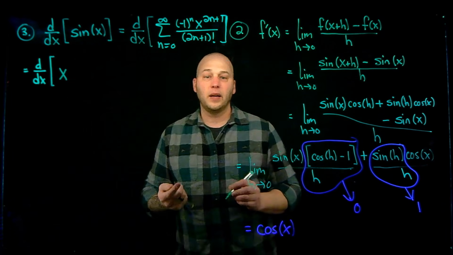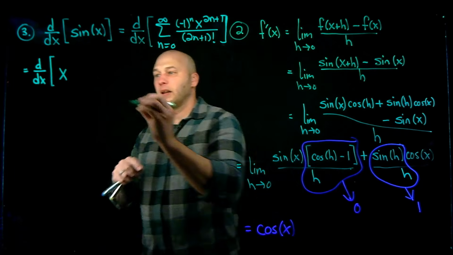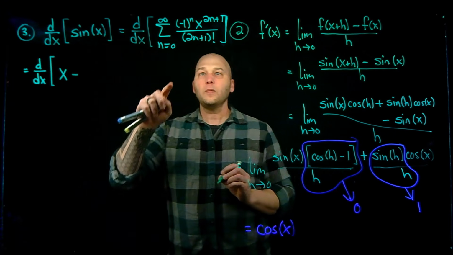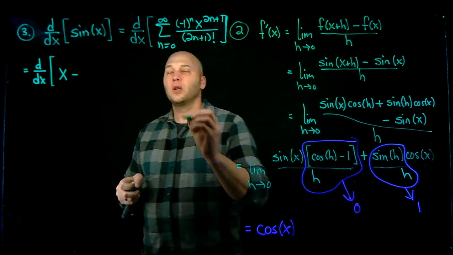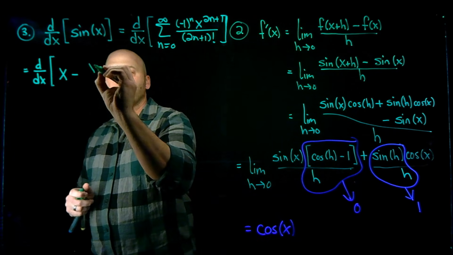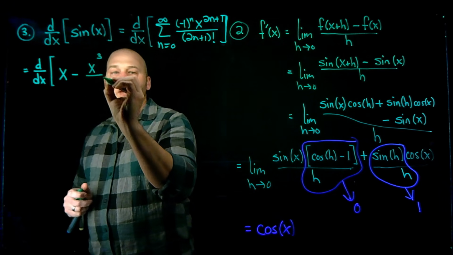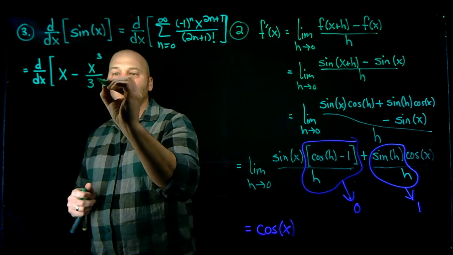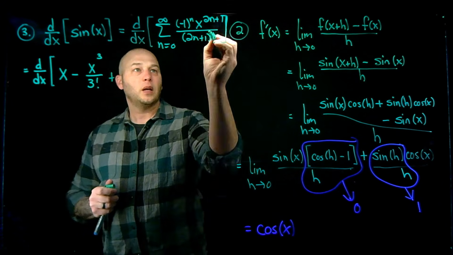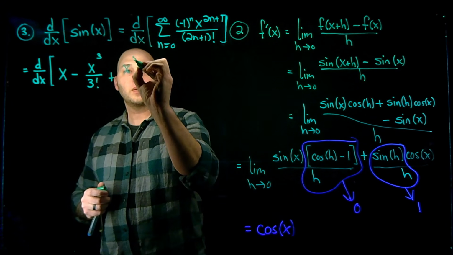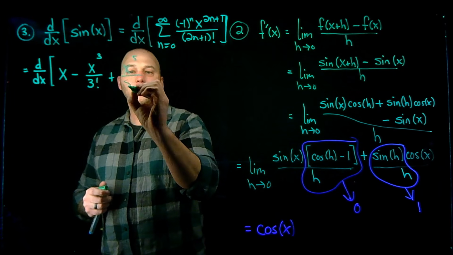And then if I plug in n equal to 1, I would have a negative, and then x to the 2n plus 1 would be x to the third, and then the denominator would be 3 factorial. And then if I plug in 2, this would be plus x to the fifth over 5 factorial.